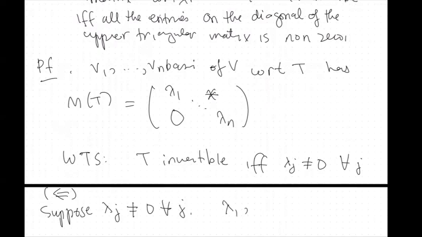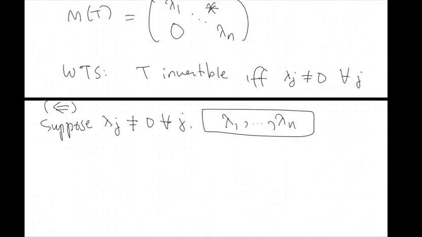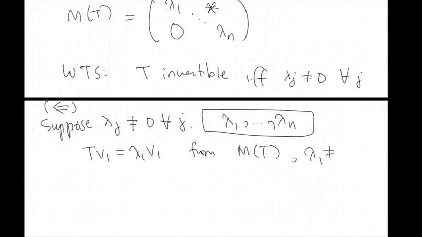So lambda_1 up to lambda_n are all non-zero. And then we get T of v_1 is just lambda_1 v_1, from our matrix M(T). And because lambda_1 is not 0, we get T of v_1 over lambda_1 is just equal to v_1.